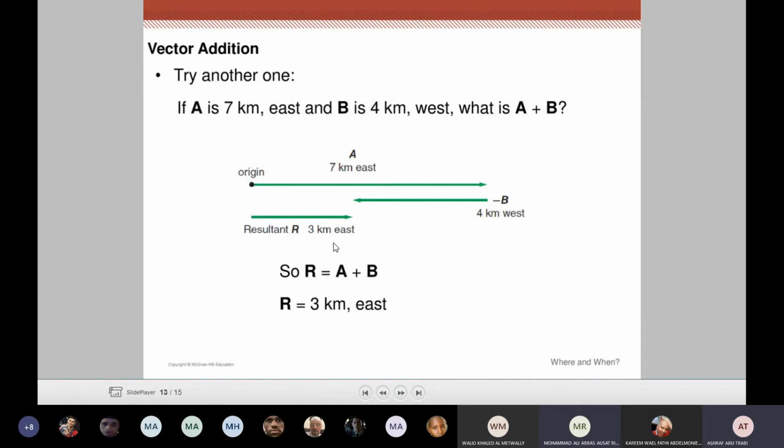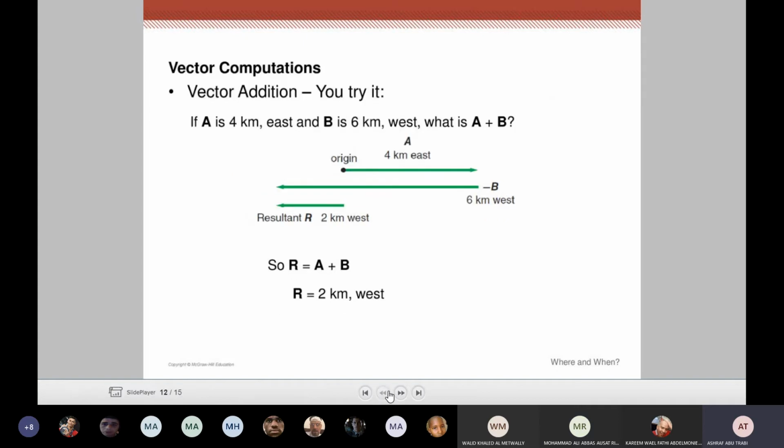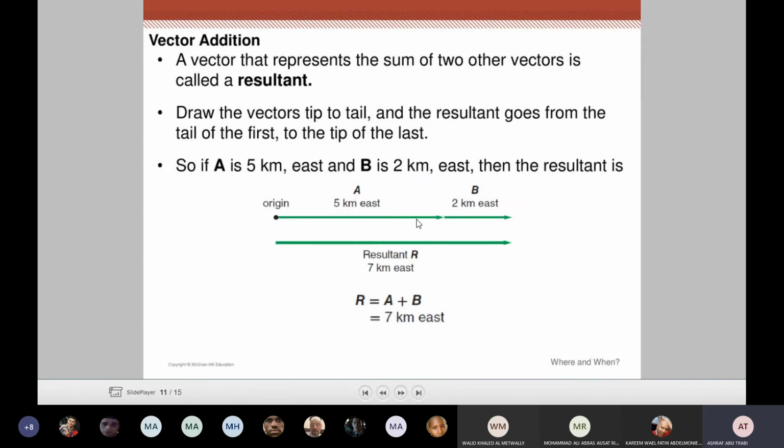Yes, I will repeat, and maybe you will get the point. I will repeat from the beginning. If I have two vectors having the same direction, it means that first I move 5 kilometers to the east and another 2 kilometers to the east, then I just add 5 plus 2.